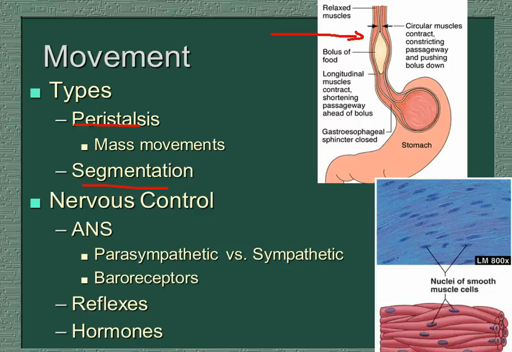Squeeze with the right hand, toothpaste goes to the left. Now move your left hand over a few inches, squeeze, and the toothpaste goes to the right. Now squeeze with your right hand a couple inches over to the right, and you'll notice the food or toothpaste is getting shifted back and forth, but gradually it's moving down. That's called segmentation. You see it in the small intestine.